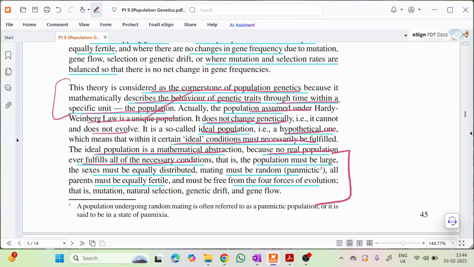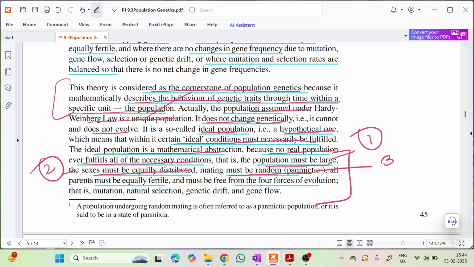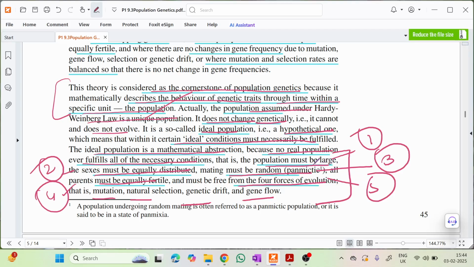And those conditions are जो अभी यहाँ पे बताई, that population must be large, sexes means both male and female will be equally distributed, mating must be random, panmictic, all parents must be equally fertile, and then it must be free from four forces of evolution, which are mutation, natural selection, genetic drift, and gene flow. So these are the 5 conditions for application of Hardy-Weinberg law.